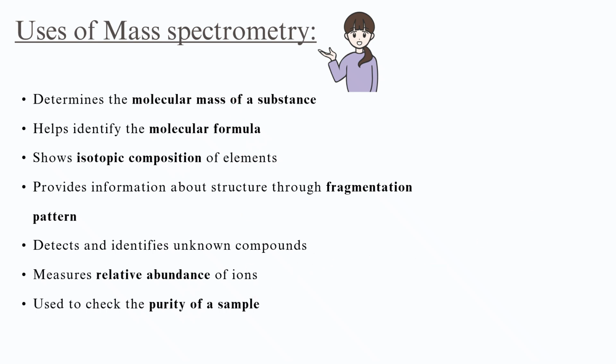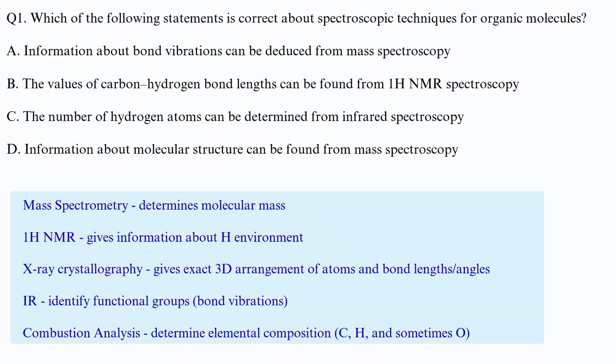So let us move ahead and understand different questions that may be asked on this particular introductory concept that we have discussed till now. Now question one is, which one of the following statements is correct about the spectroscopic technique for organic molecules? So here we have different spectroscopic techniques. We have to make out which one is the correct one.